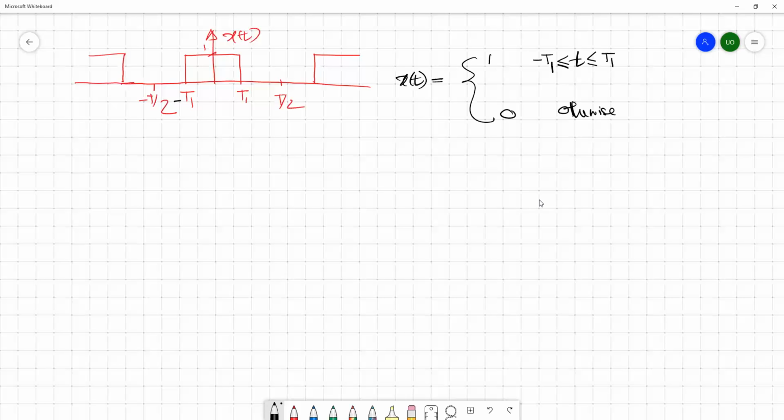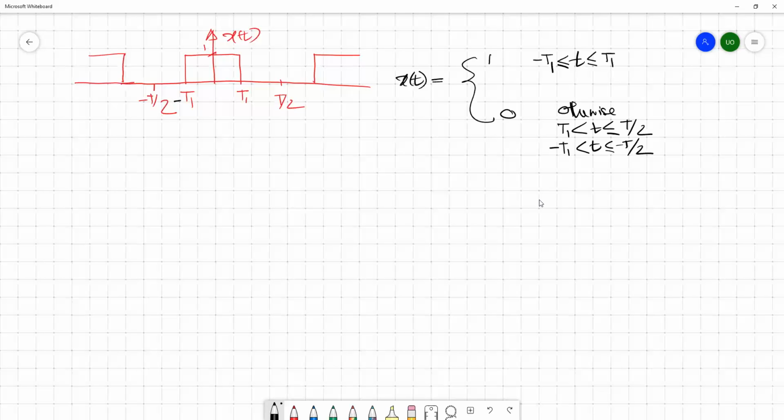Or else we can say like 0 for two regions, t1 to T by 2 and minus t1 to minus T by 2.